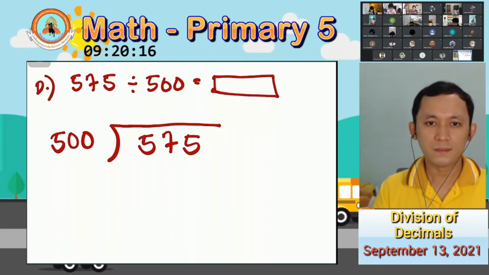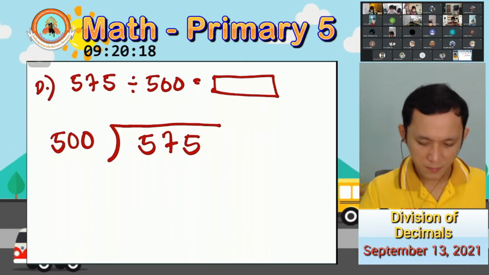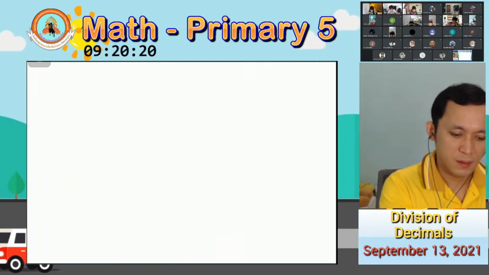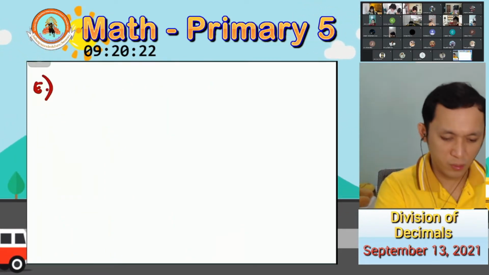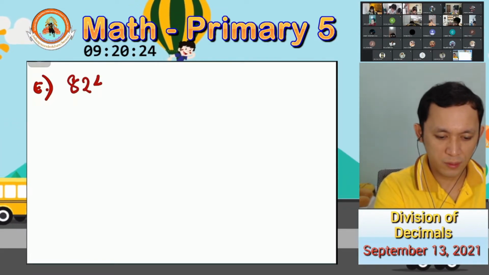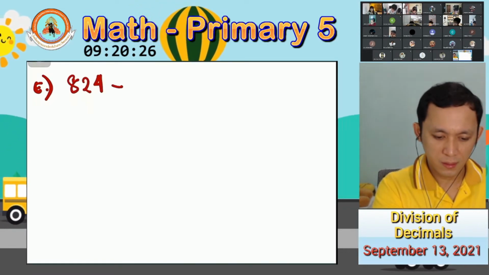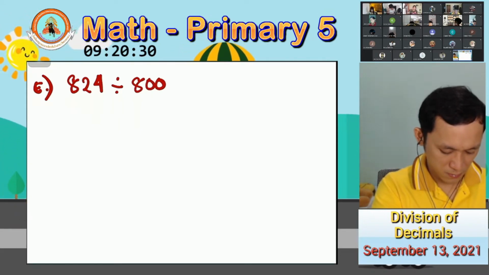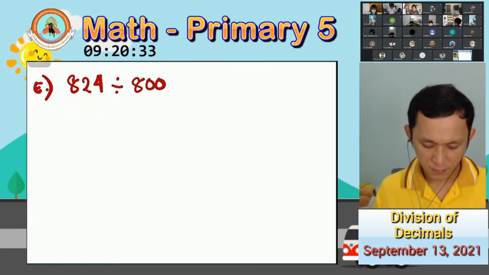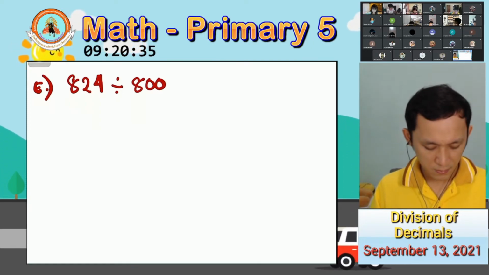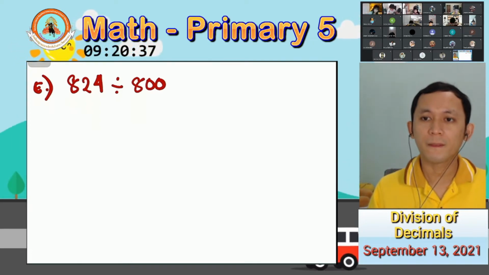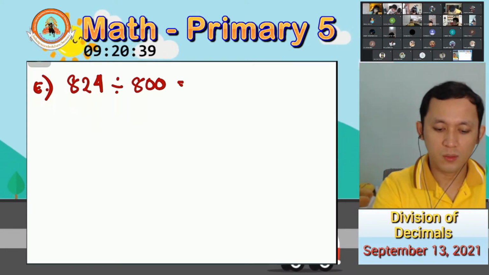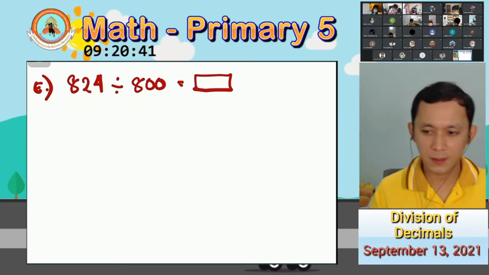Now letter E, the same. We have 824 divided by 800 is equal to blank.